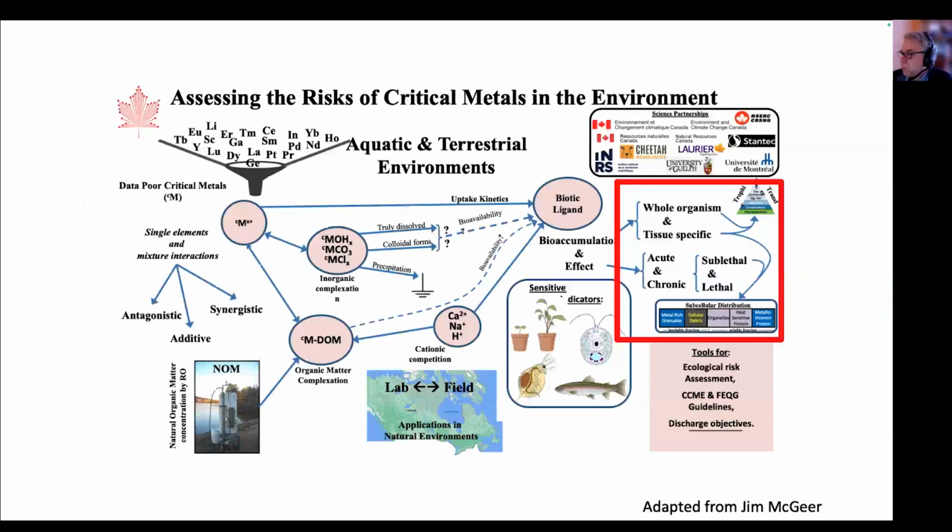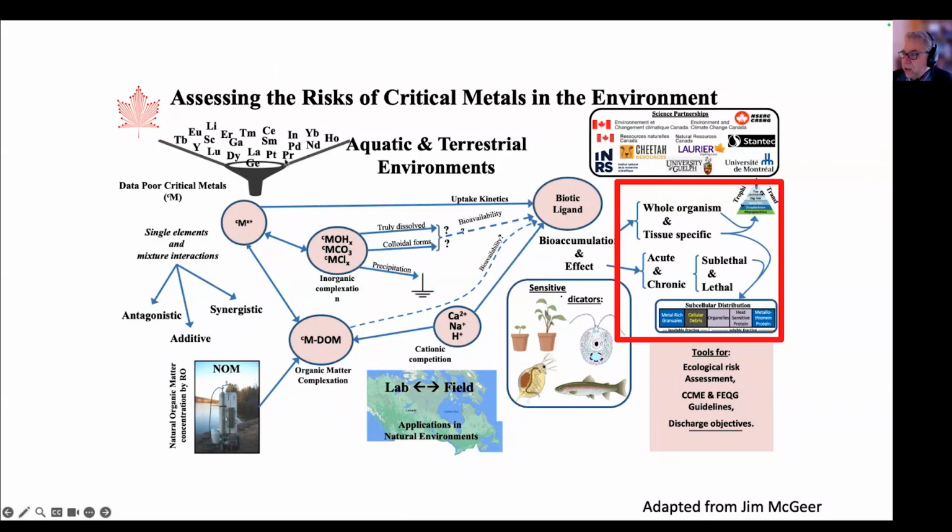So now we'll turn our attention to some of the data we collected. Many of these data were collected as part of partnerships with Environment Canada and also with different universities. So in general, the framework is to work on all the data for critical metals.